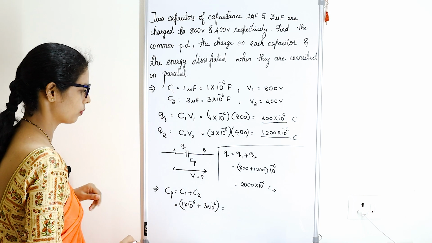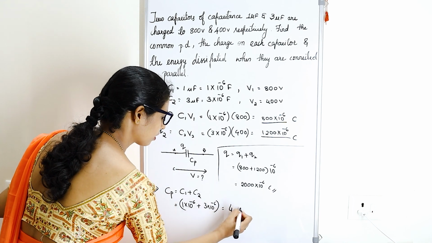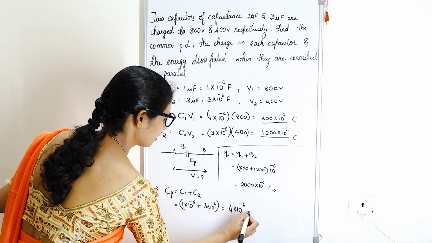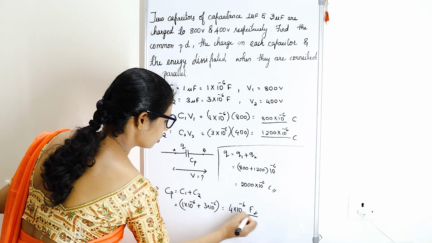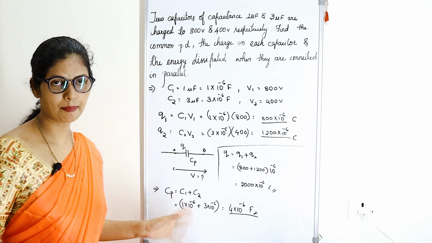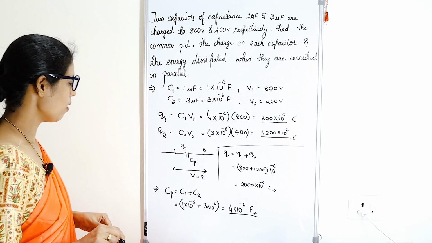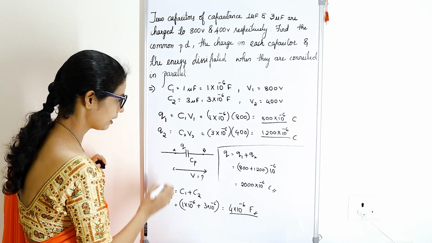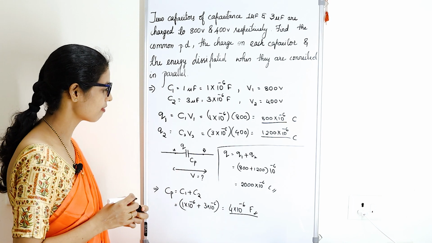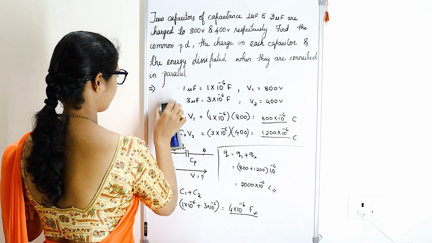So that equals, what is the value again? It is 4 into 10 to the power of minus 6 farad. So you have got the value for effective capacitance and also for the total charge. Now can you find the value for common potential difference? Yes, you can find the value for common potential difference now.